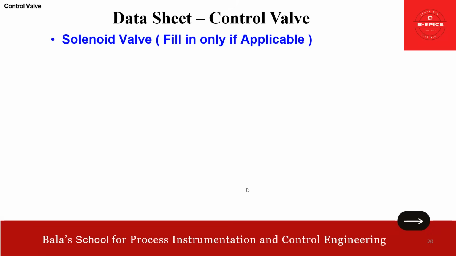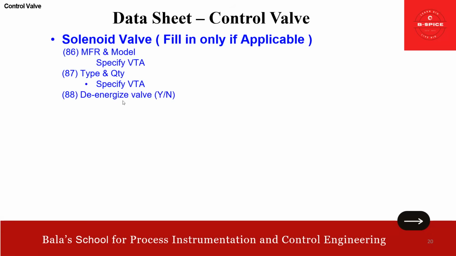Then we go with the solenoid valve. Okay, friends, you fill in only if applicable, because in most of the cases we don't require this unless the special requirements call for the solenoid valve for actuation. Okay. So again, the manufacturer model, you specify ITA, VTA, type and quantity, specify VTA, de-energized valve as per the project requirements. Okay.